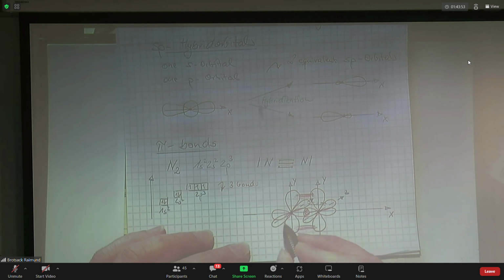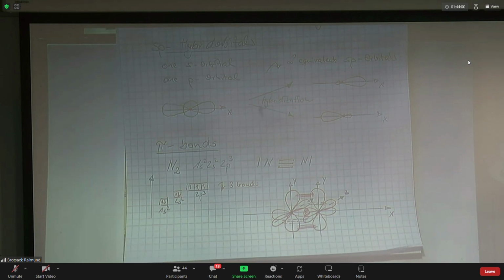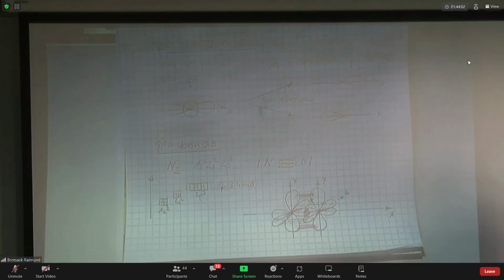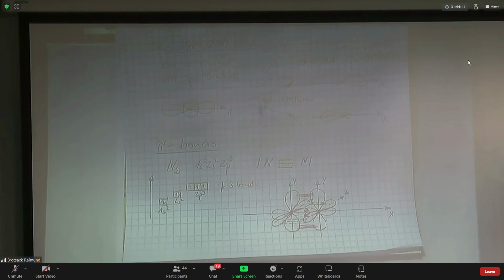Here pz and here pz. Even in the pz, it's just the third dimension. The balls are overlapping, but not in that manner, and when we rotate, we lose the overlapping area.